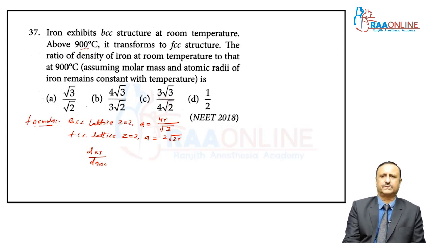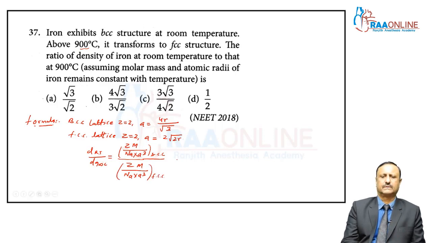Density at room temperature, that is, for BCC, is Z into M upon Na, Avogadro number, into A cube. And now we divide by Z into M upon Na into A cube, and this is for FCC.